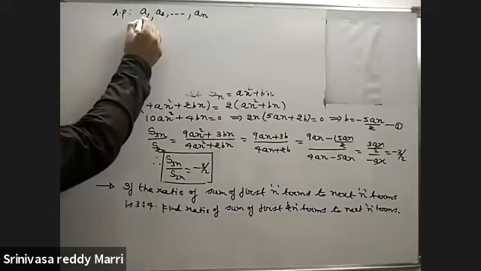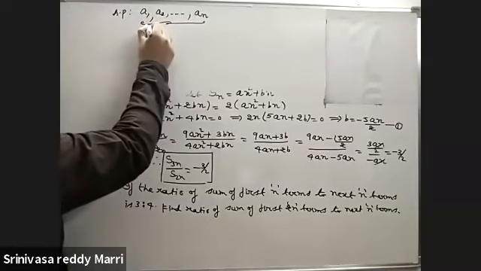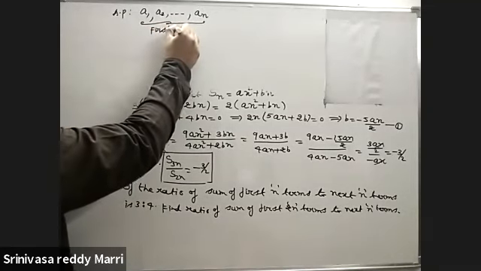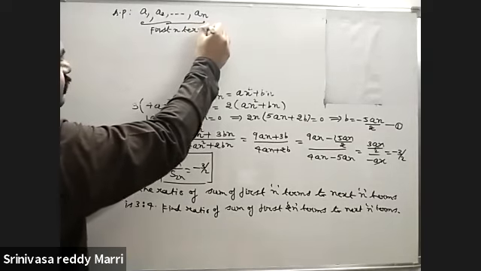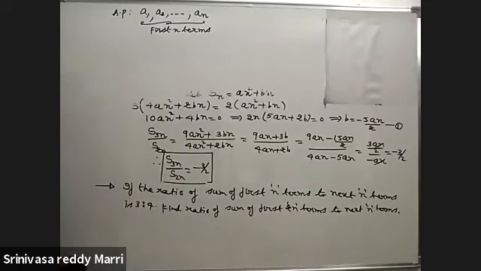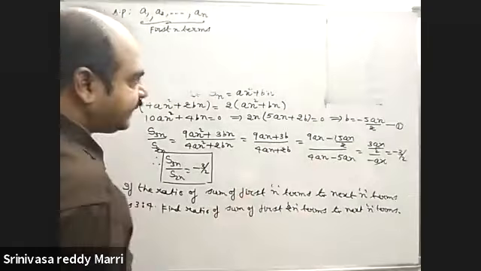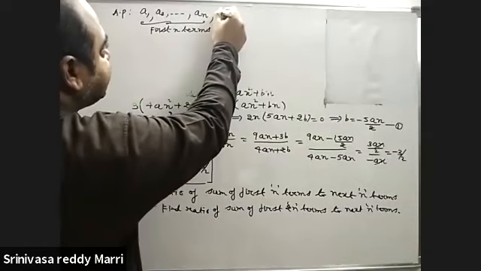This is the first n terms. First n terms means from the starting term onwards you count n terms. What is given is the sum of first n terms to the next n terms. Next n terms means n terms after the first n terms.